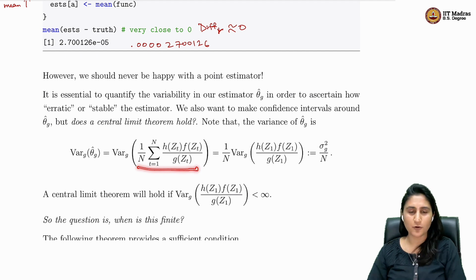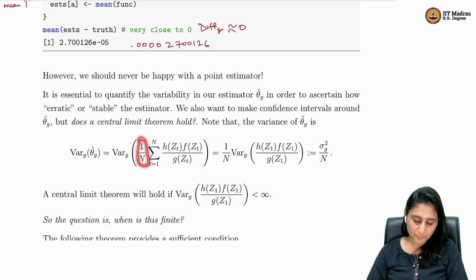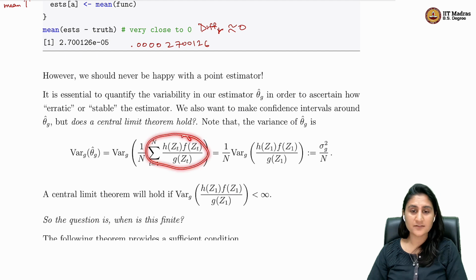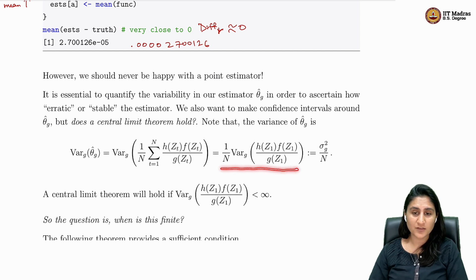I just plugged in what the form is. And just like before in the simple Monte Carlo, I can pull this outside to make it become 1 over n squared. All of the variances of these terms are the same. So this just becomes 1 by n times the variance of h of z1, f of z1, g of z1, which I will call sigma squared g by n.